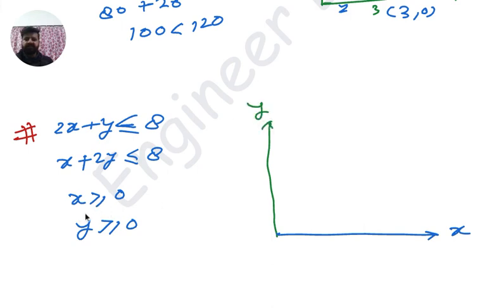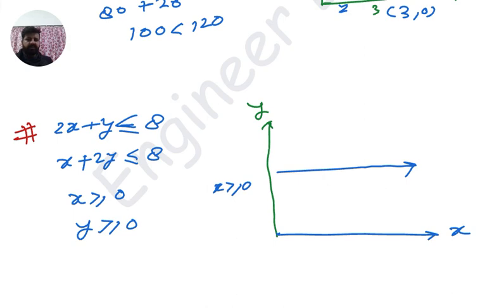First you will see for x greater than or equal to 0. In this direction, x will start from this line and it will go towards infinity, because the value of x is equal to 0 or greater than 0.